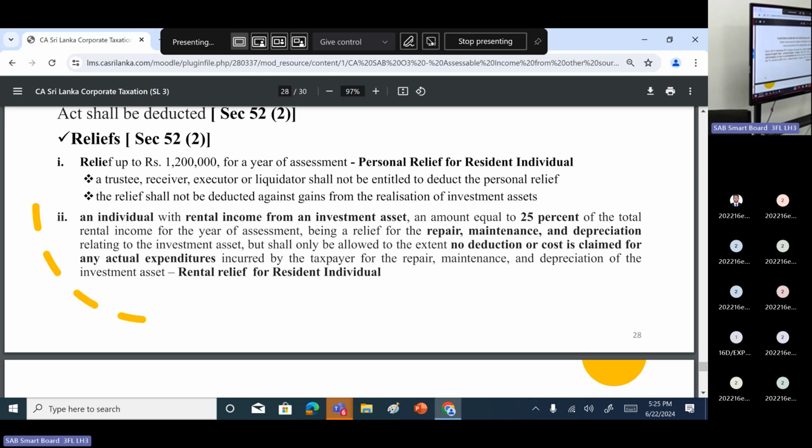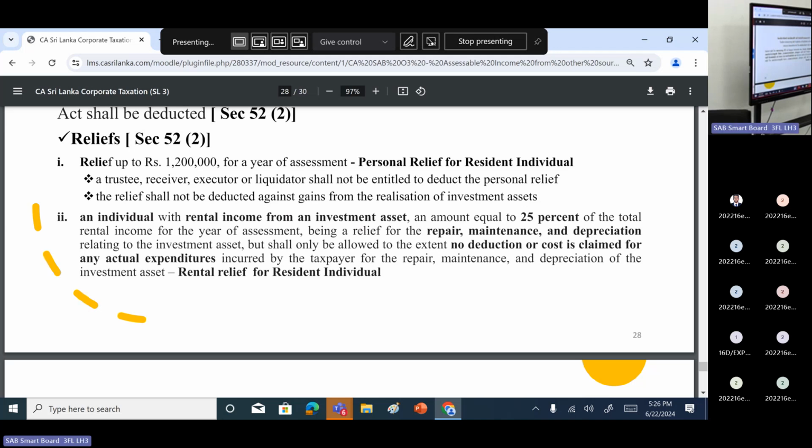It is only applicable for an individual who has rent income. Rent income is part of the taxable investment income. He can claim 25% for repair, maintenance and depreciation, irrespective of whether he is incurring a cost or not for that activity.